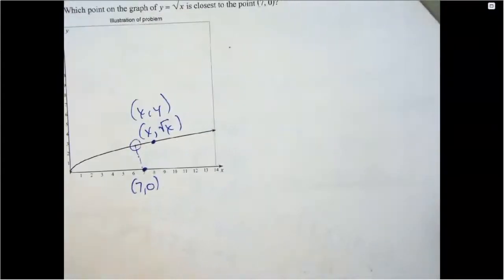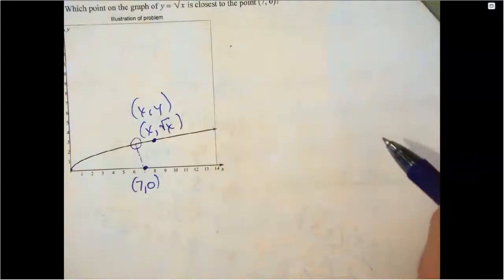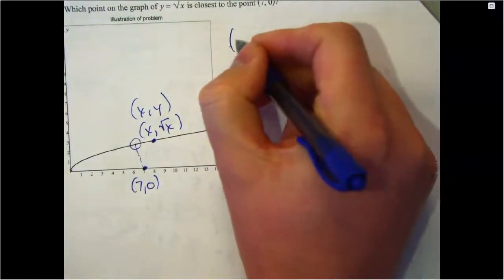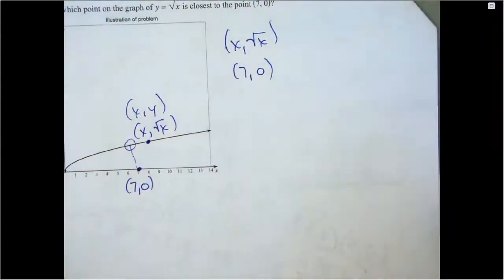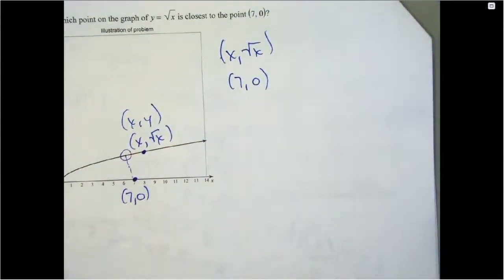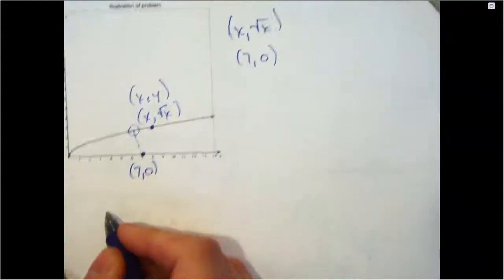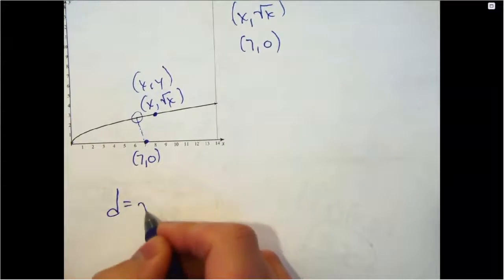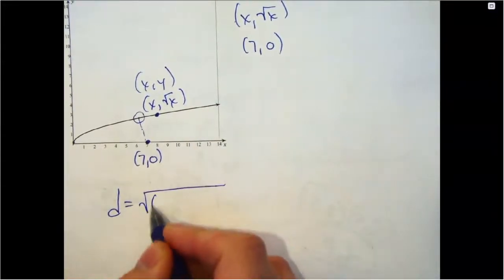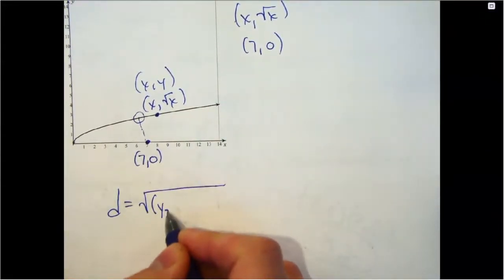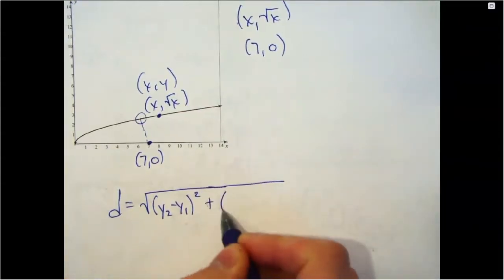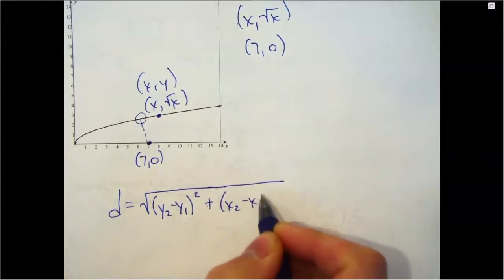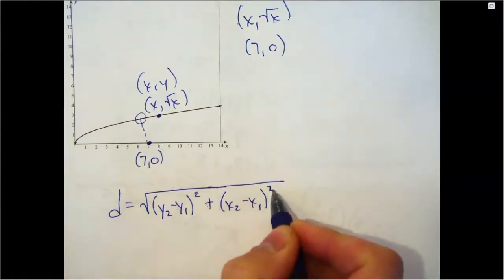Well, what I want to do is use the distance formula with the 2 points, x comma square root of x, and 7, 0. Use the distance formula, and then minimize that distance. So the distance formula, I'm sure you guys all remember the distance formula, is y2 minus y1 squared plus x2 minus x1 squared, and then all of that square rooted.